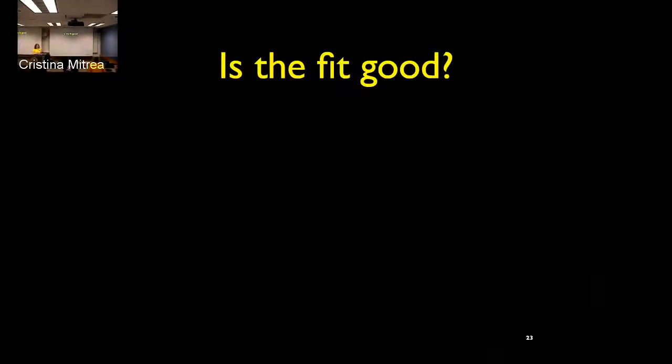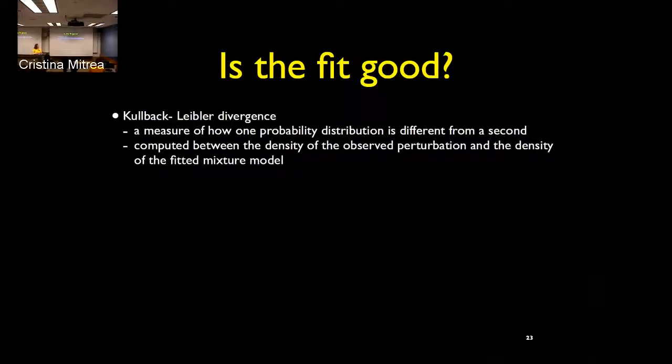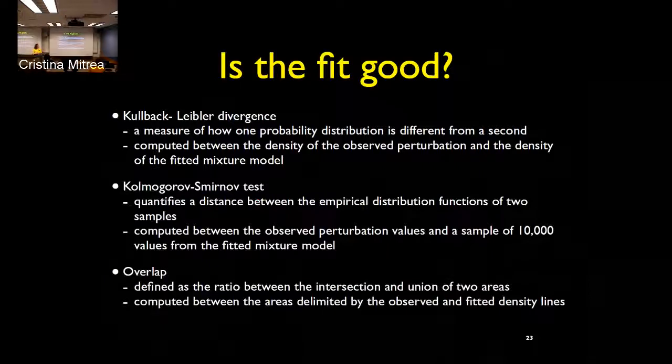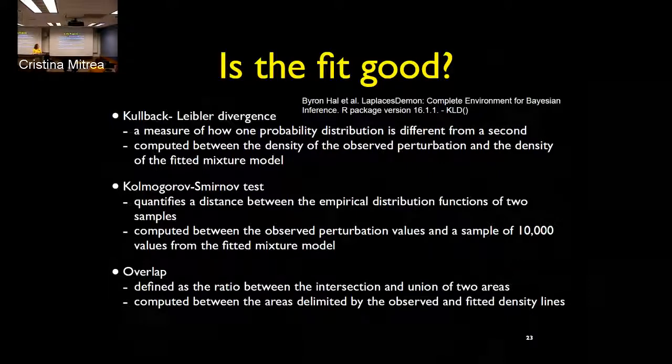So once we did this, we wanted to know if that fit of the distributions is good. That was a concern of ours. And we used different measures, like Kullback-Leibler divergence, which is a measure of how a probability distribution is different from another one. We used the Kolmogorov-Smirnov test that quantifies the distance between the empirical distribution functions of two samples.